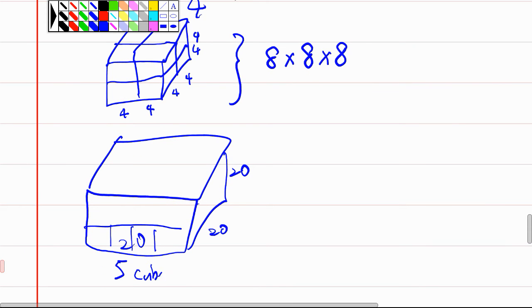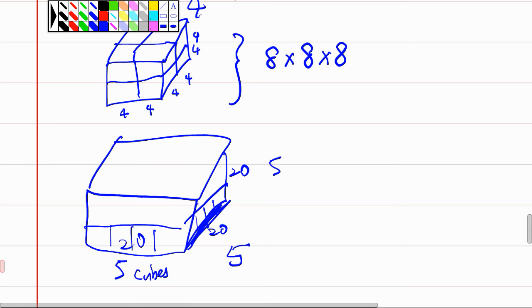How many cubes are there in the slant row, in the breadth? 5. Why 5? All cubes are the same, so there are 5 here. Then on top, also 5. But 5 times 5 times 5 is wrong. It should be a 4, not a 5.